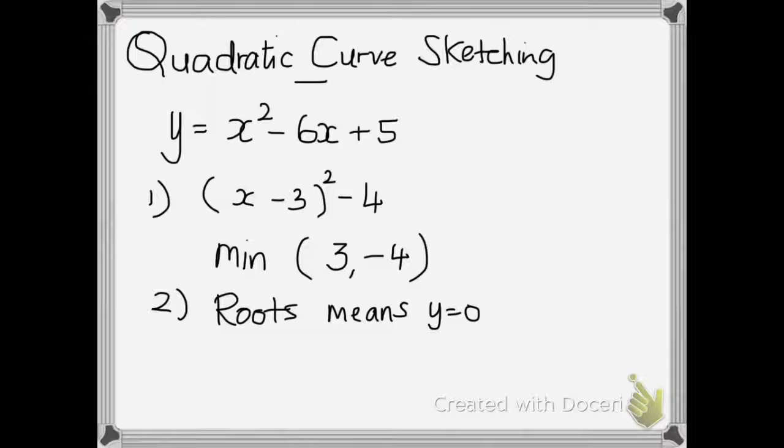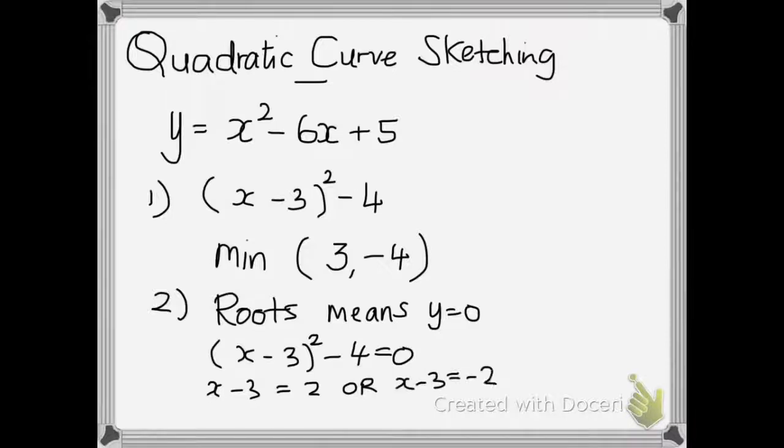This, you're familiar with how to do. There are many ways: you can factorize it, you can use a formula, or you can even use a complete square, because that's exactly the same as y. So you have (x minus 3) squared minus 4 equals 0, which means x minus 3 equals 2, or x minus 3 equals negative 2.